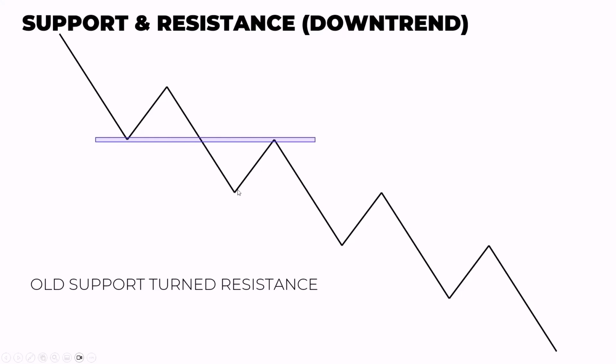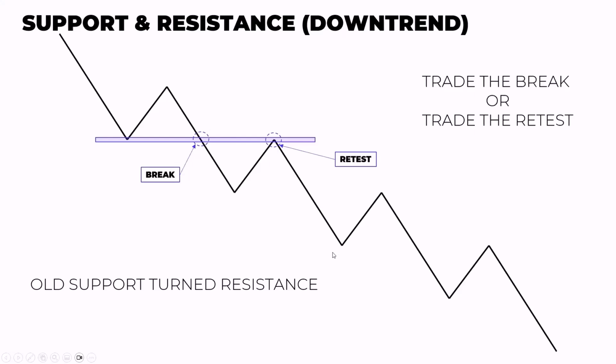So now it comes back and we retest that resistance. If it can't close above there, we take the sell right at that resistance because it's coming lower. And so we trade the retest. We broke support here, now we're coming back to retest that support. Oh, it's resistance now. Old support turned resistance, and then it keeps going back down.